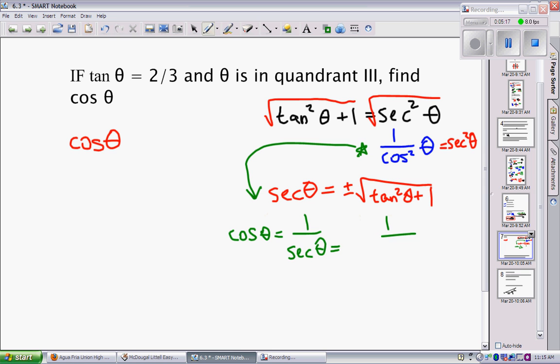So 1 over plus or minus the square root of tangent squared theta plus 1. In quadrant 3, it's negative, so we can go ahead and cross out the positive.